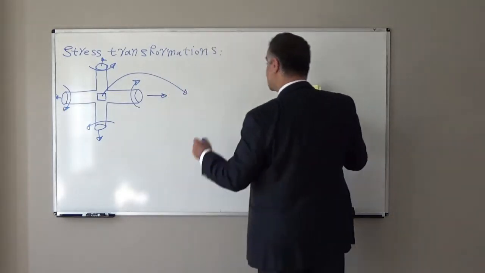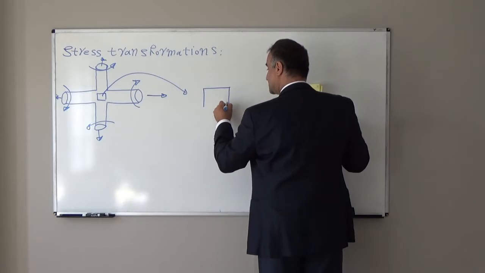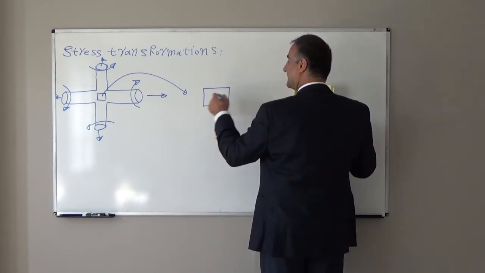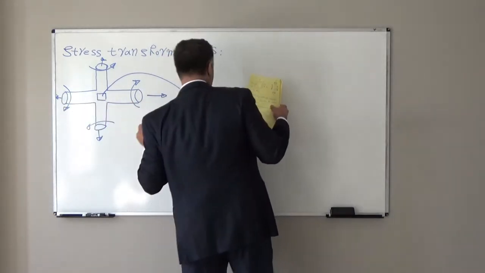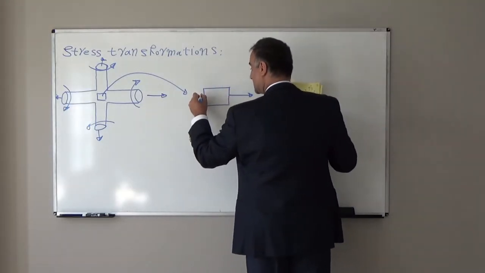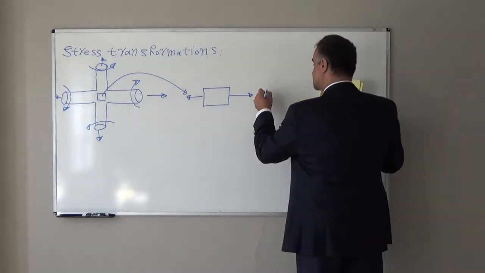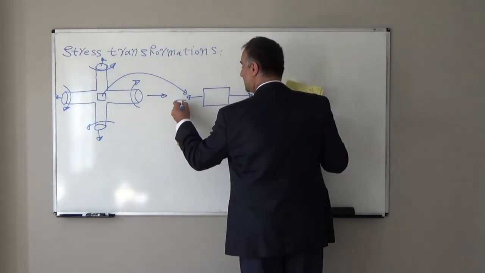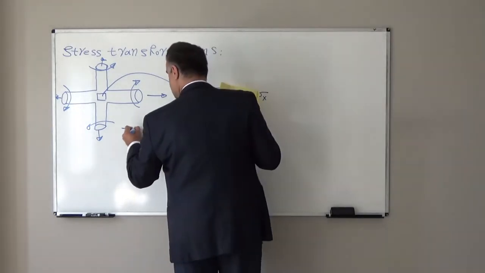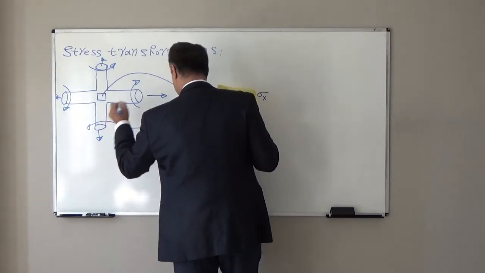If we look at the stress on this small element, what will we have? Because of this tension force, tension divided by cross-sectional area, we will have tensile stress, sigma x and sigma x. This is my x direction, this is my y direction.